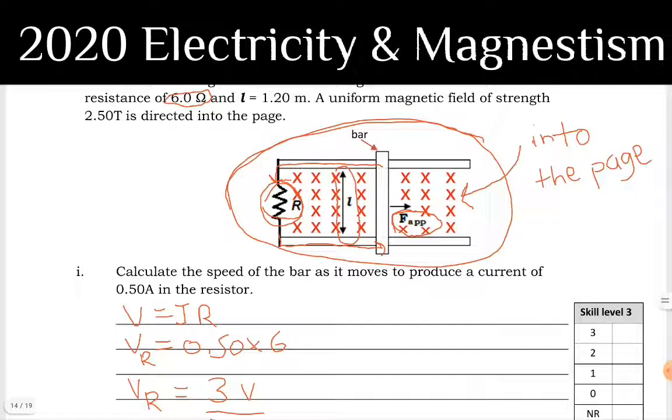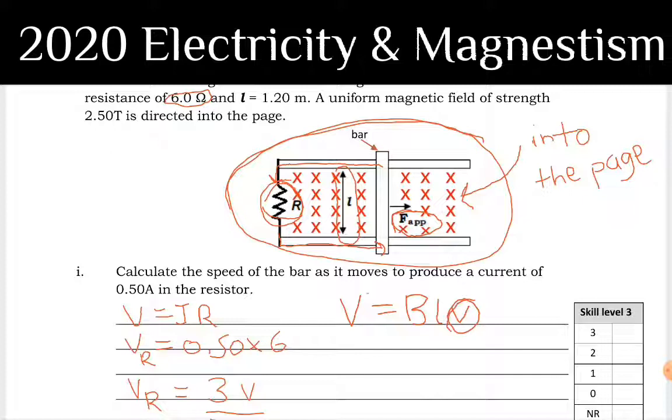Now, do we have a formula that relates the voltage and the speed? Indeed we do, and that formula is voltage is equal to the magnetic field strength times the length of the conductor inside the magnetic field times the velocity. So this here is what we're trying to find, the velocity.